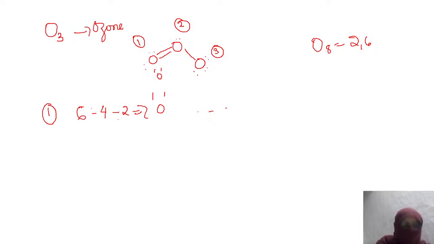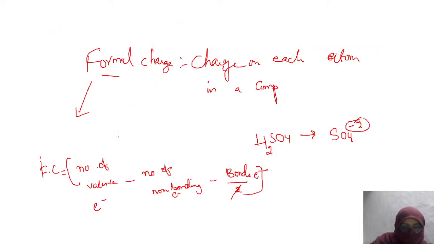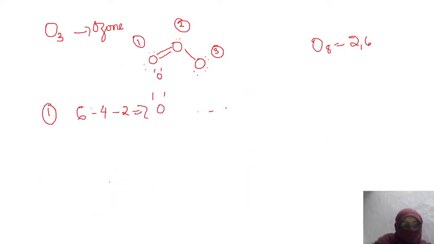That is the number of valence electrons minus the number of non-bonding electrons minus the bond electrons. So 6 is always here, the valence electrons, 4 indicates the non-bonding electrons, and this indicates the bond electrons. So I got the first oxygen as 0.